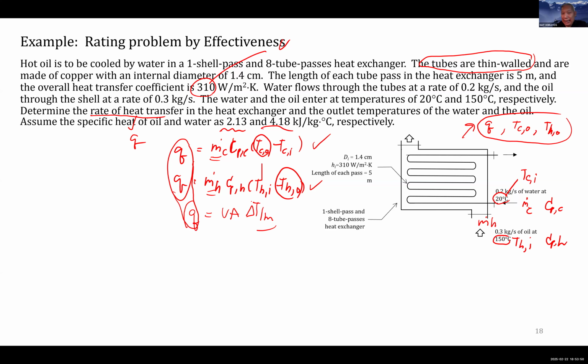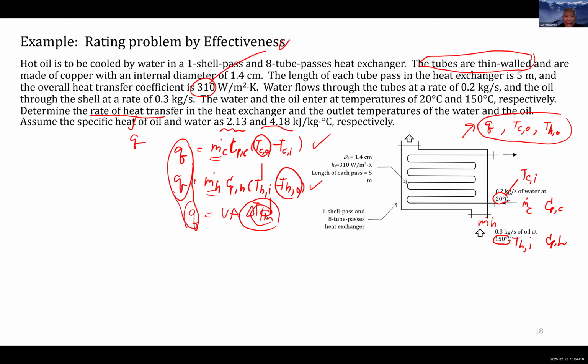And this one needs the temperatures of all four, but you don't know two of them. You cannot find this one easily. Solving for TCO and THO would be a mess because your unknown parameters are inside the log mean temperature.